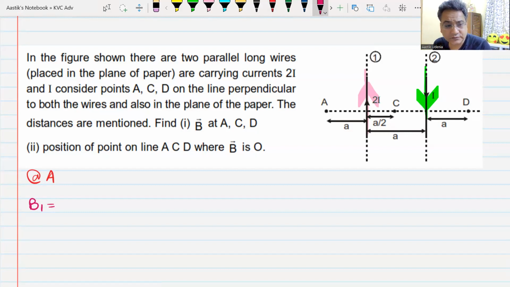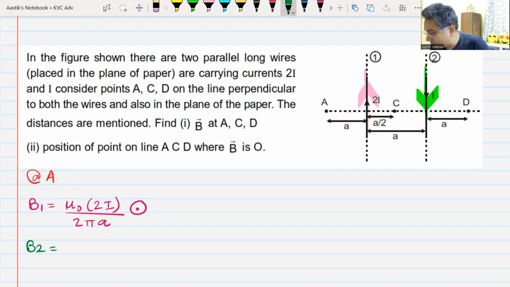It is mu naught I by pi a, sir. Mu naught into current 2I divided by 2 pi into a. What is the direction of the magnetic field? It's out of the page.